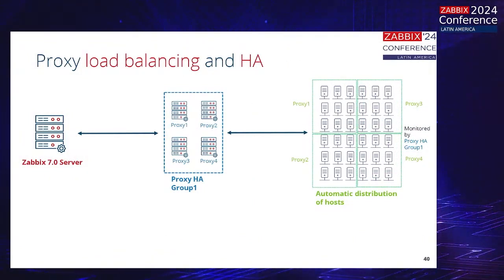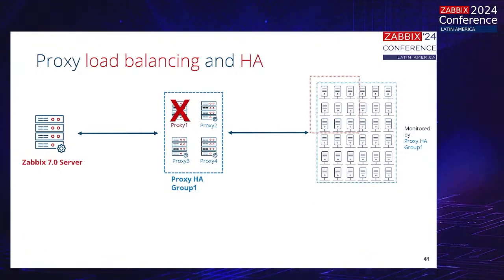And it depends, of course, on the number of items, how many items we have. So the load balancing can be a little uneven, because here I assume that all hosts are similar. And this is how it works. Some sets of hosts will be monitored by proxy 1, proxy 3, proxy 2, proxy 4.